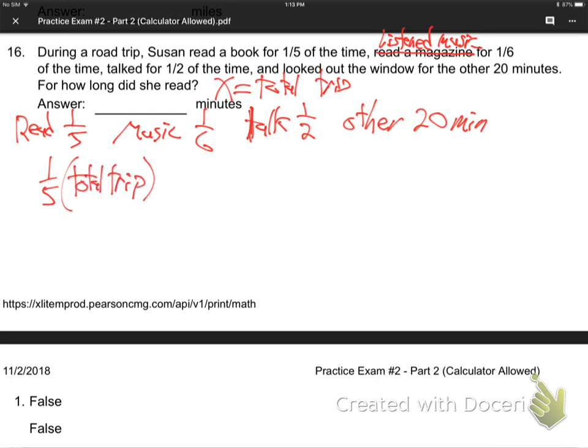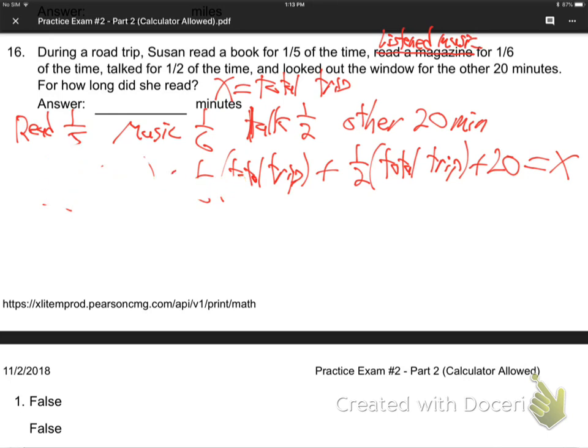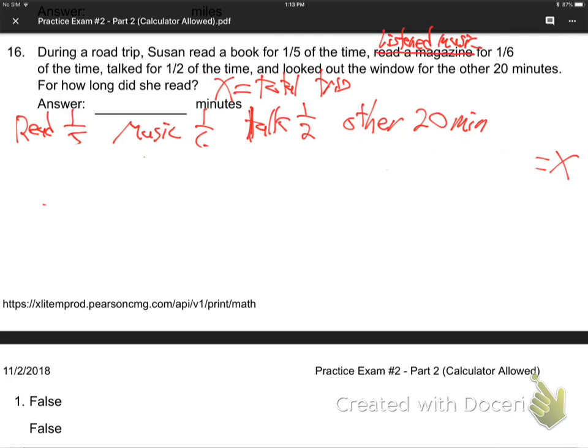So 1/5 of her total trip plus 1/6 of her total trip plus 1/2 of her total trip plus 20 minutes equals the total trip. That might be confusing here. That's true what I just did, but I'm probably confusing you. Here, let's do it this way. It'd probably be a little bit easier.